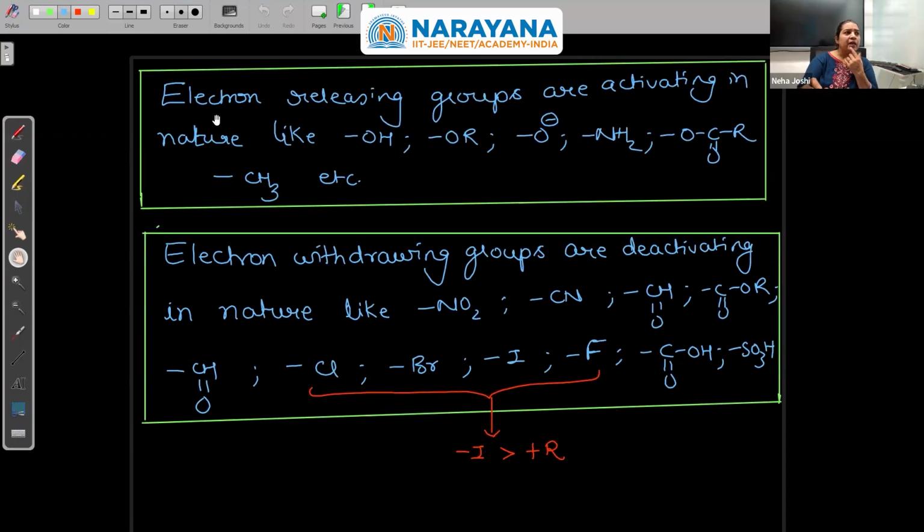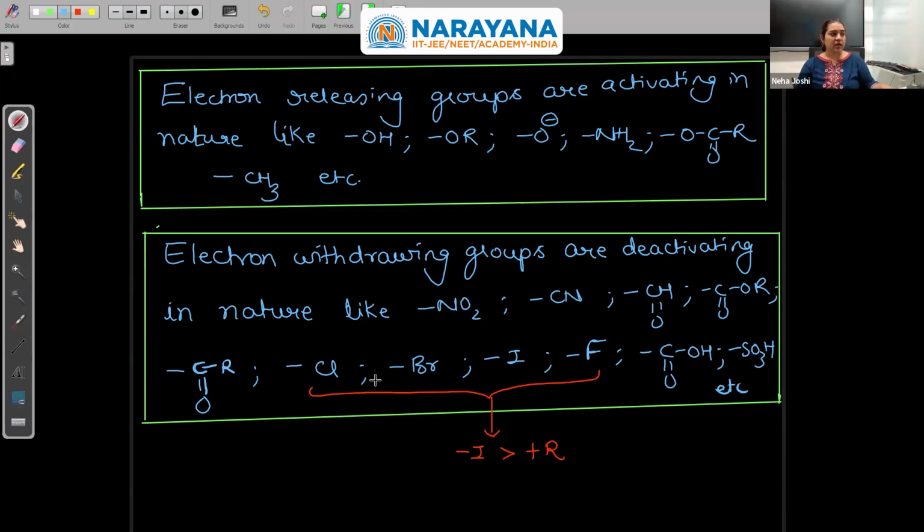What we can do, I will add. Now it is observed that electron releasing groups are activating in nature, like OH, OR, O minus, NH2, OCOR, CH3, etc. All these are activating, and electron withdrawing groups are found to be deactivating, like nitro, cyano, aldehyde, ester, ketone COR. Halogens are also meant here: Cl, Br, I, F, COH, SO3H, again, etc. There will be some more.